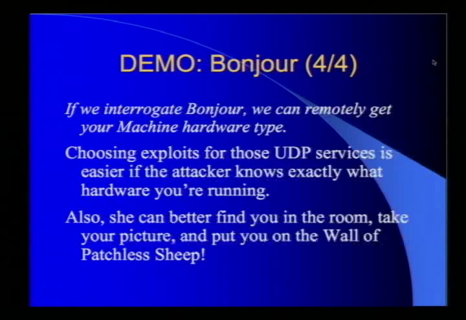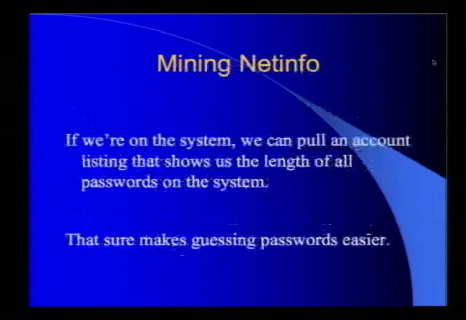I can get your machine hardware type, which is nice because when I have to choose payloads for those UDP exploits, I know which payloads to choose because I know what hardware you're running. No universal binaries required. That's really cool. Additionally, it makes it a little bit easier to find out which machine you happen to be running in the room, take your picture and put it up on the wall of patchless sheep. I'm sorry, I'm really trying to get my wall of patchless sheep put up. Anybody going to volunteer to help? Okay, well, fine.